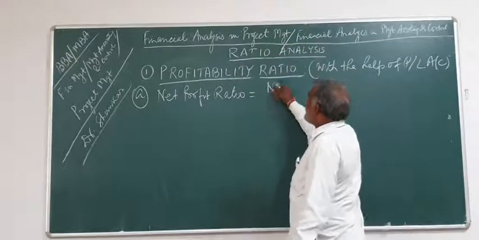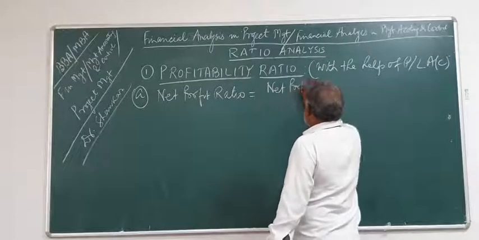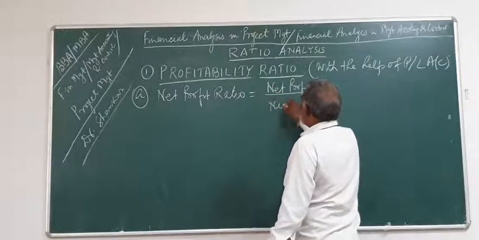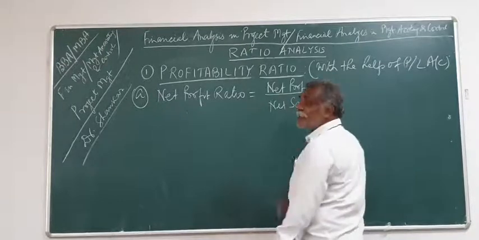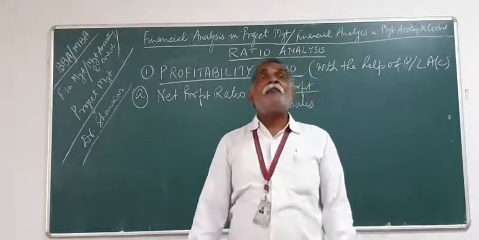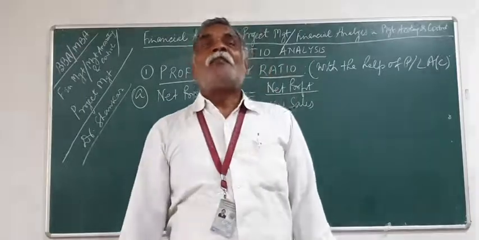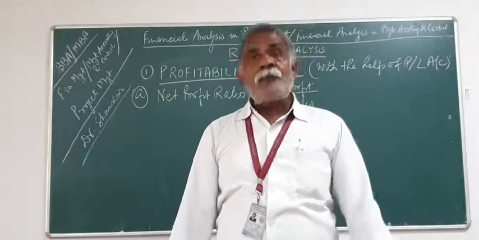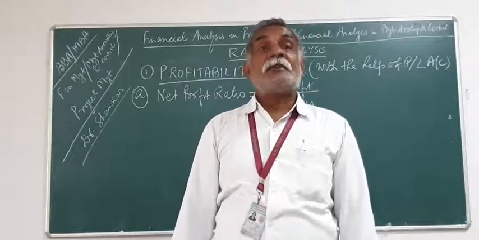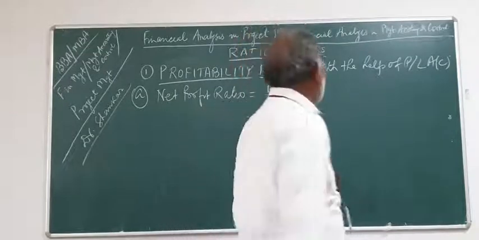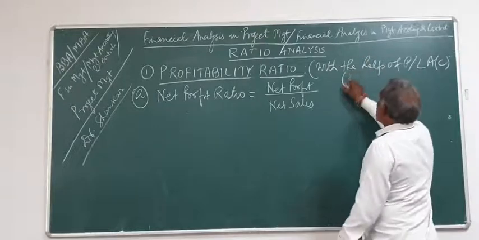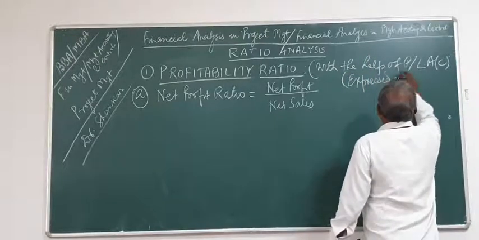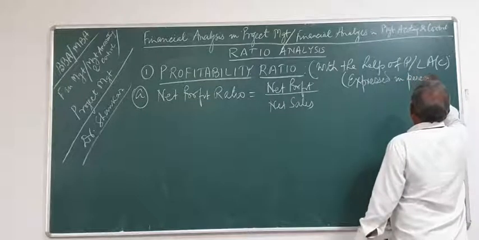Net profit with respect to net sales. And because we want to calculate profitability, it is always expressed in percentage. So in all profitability ratios, we have to multiply by 100, expressed in percentage form.